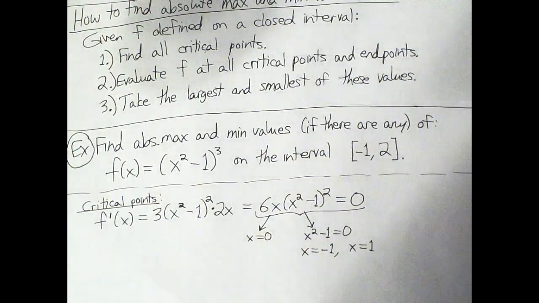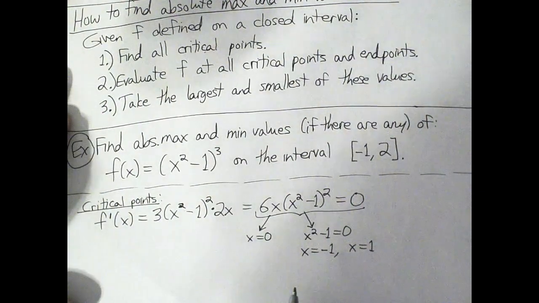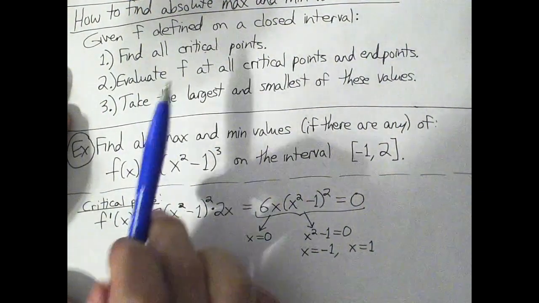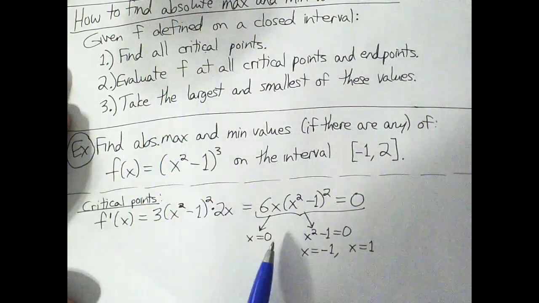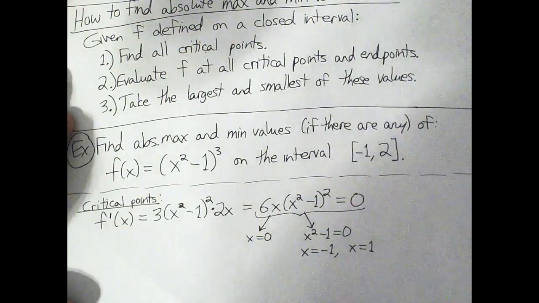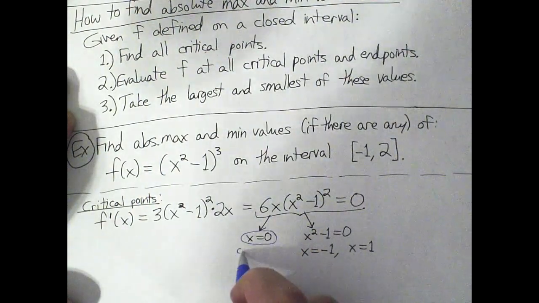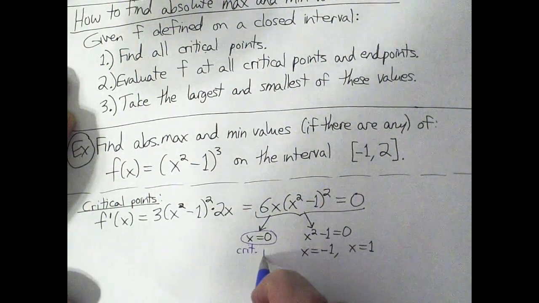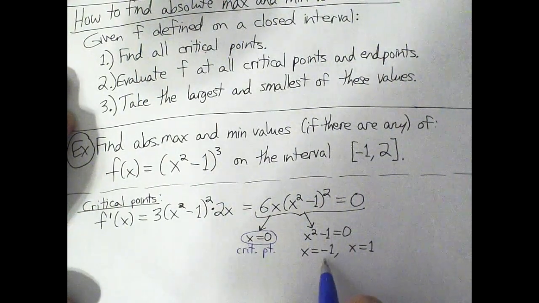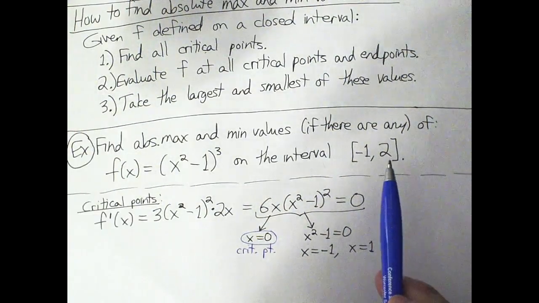Let's talk about this. For each value of x that we find, is it really a critical point? x equals 0 is an interior point of the domain. So yeah, that's a critical point. What about x equals -1? Is that an interior point of the domain?